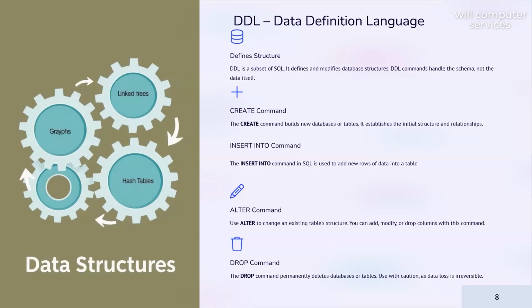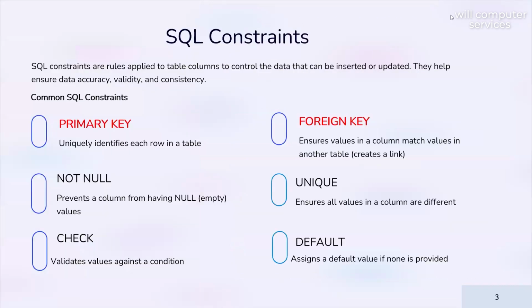The main commands of the data definition language are the create command, the insert into command, the alter command, and the drop command. So still here, let's talk about the SQL constraint. The SQL constraint is still part of the data definition language.